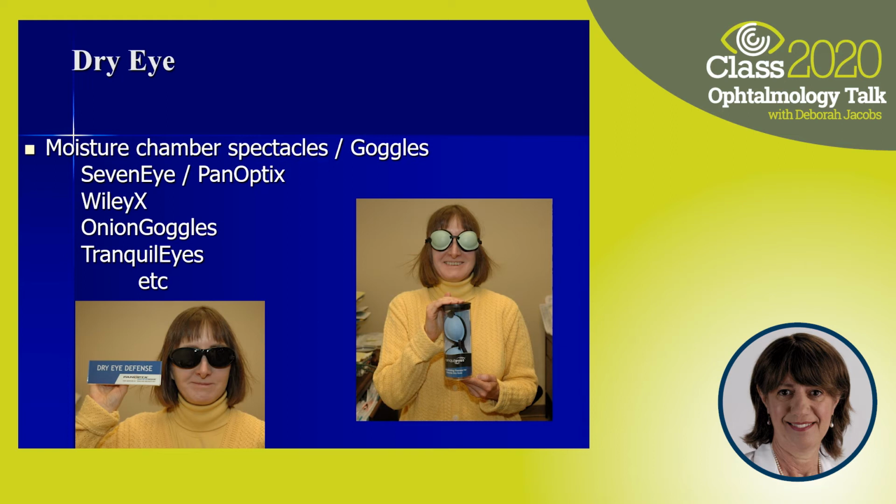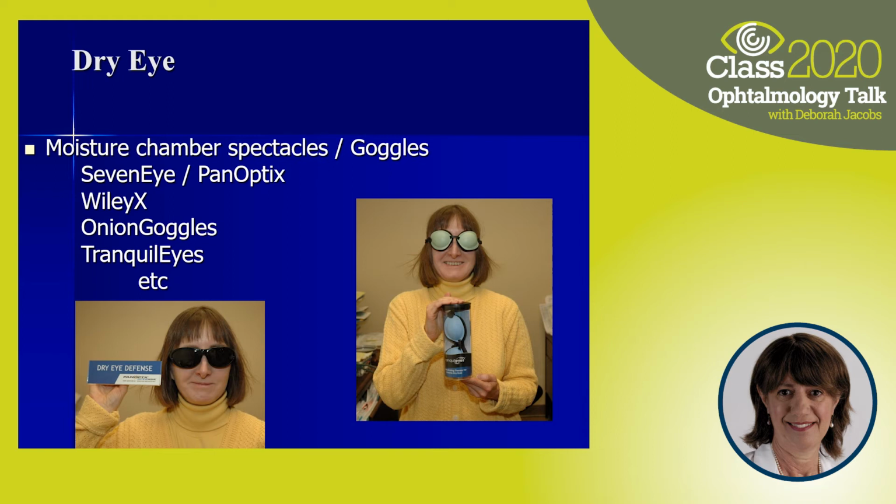And they can have refractive correction put into them up to about 4 diopters of myopia and a few diopters of astigmatism. 7eye is not the only brand. There are others which are listed, Wiley-X, and Onion Goggles is an inexpensive brand you can find on the internet.